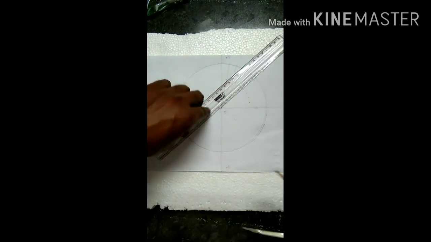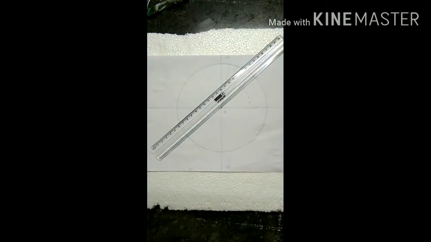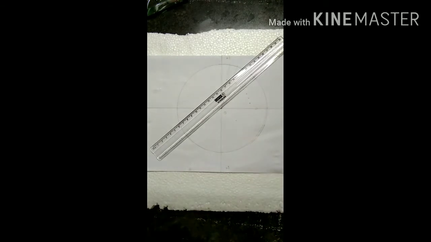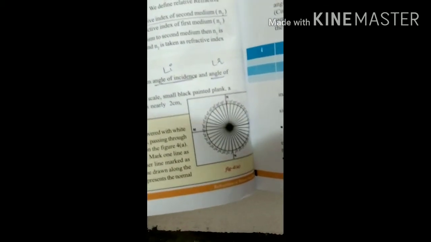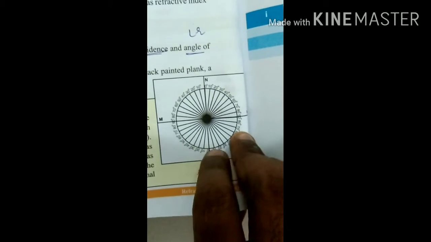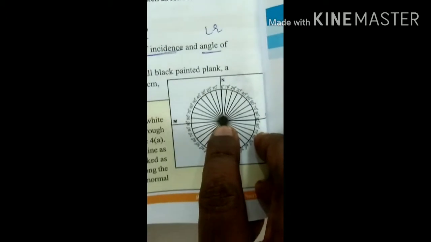That means we are dividing the given circle into quadrants, as we already see in the textbook. Here a circle is given. First they drew a line mm and a line nn, and then from the center they drew a circle.